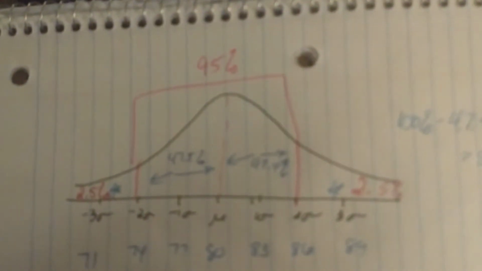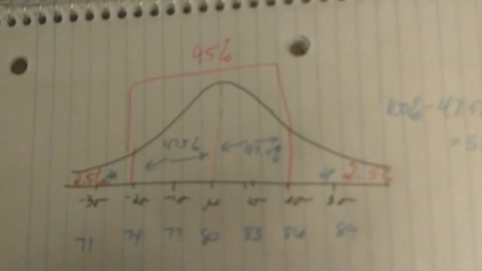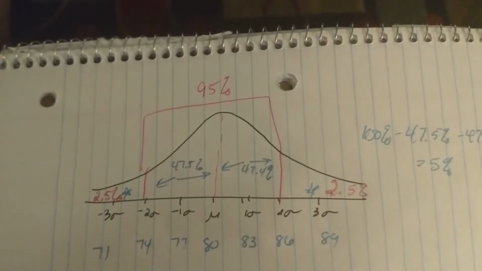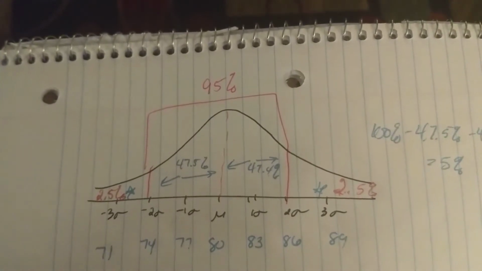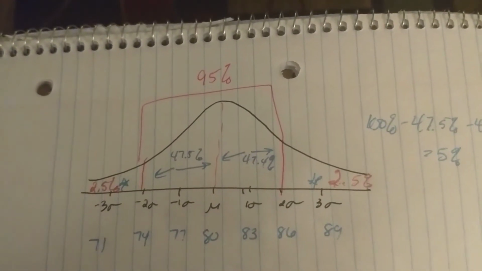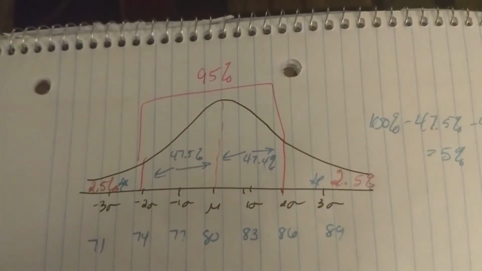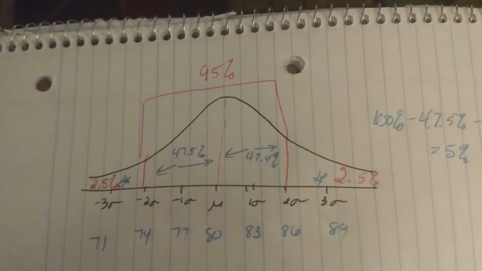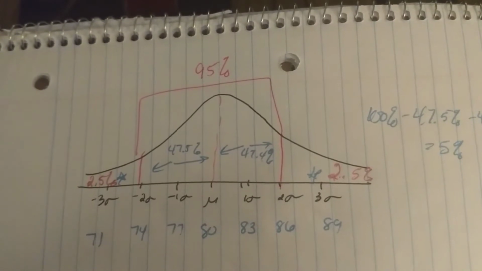We can do the same thing with the 95%. If we look at the normal curve, we see that between -2 standard deviations and +2 standard deviations, in other words, 2 standard deviations below and 2 standard deviations above, we have 95% of the data.